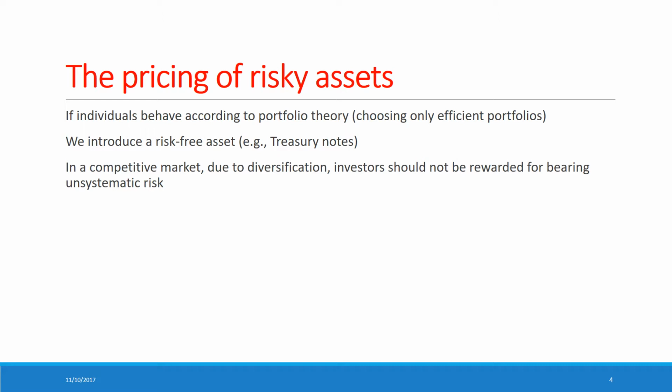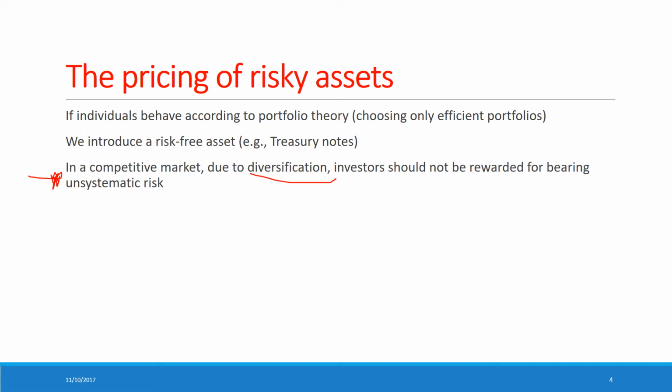So the key implication of modern portfolio theory or Markowitz portfolio theory is that in a competitive market, because of diversification, investors should not be rewarded for bearing unsystematic risk, right? So we mentioned before that the concept of diversification brings about the concepts of unsystematic risk and systematic risk.